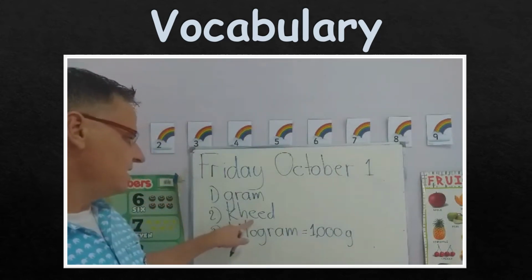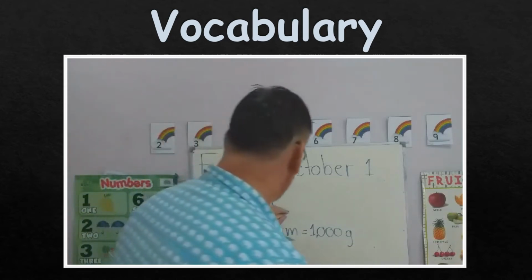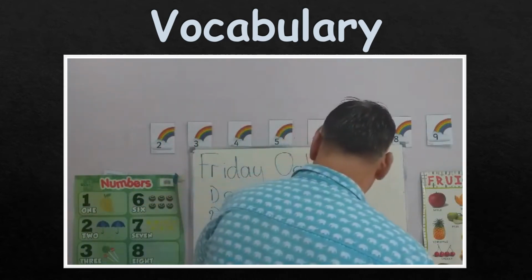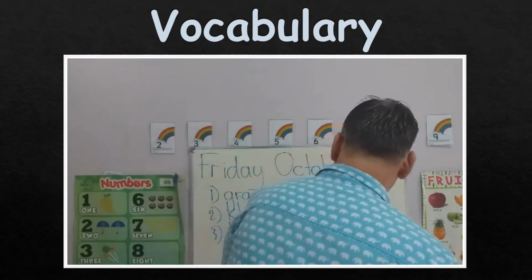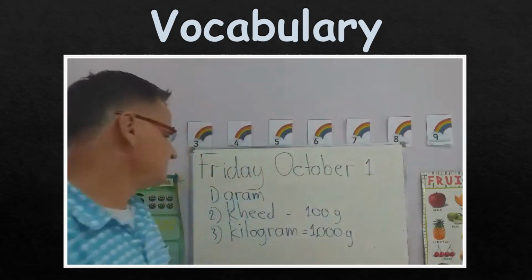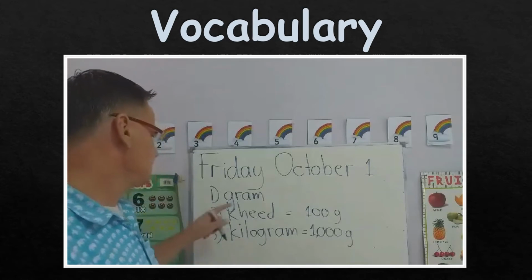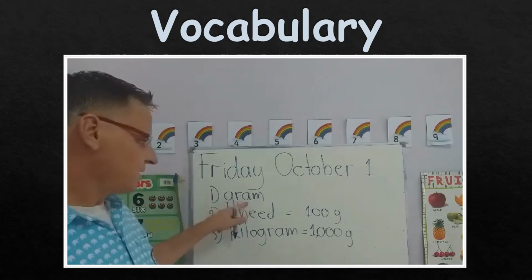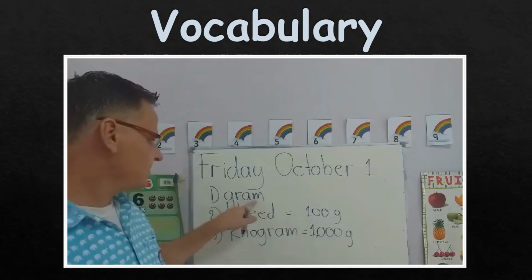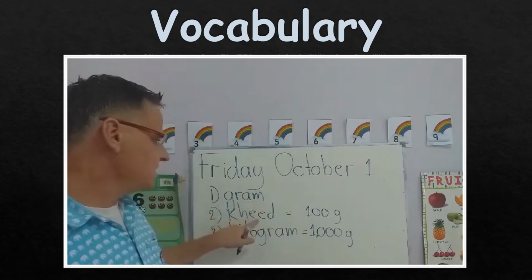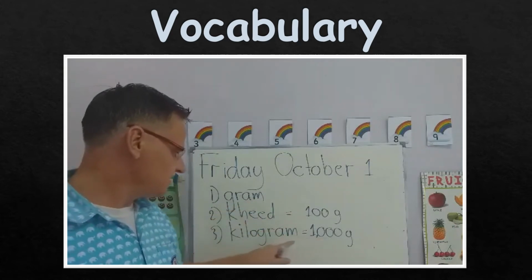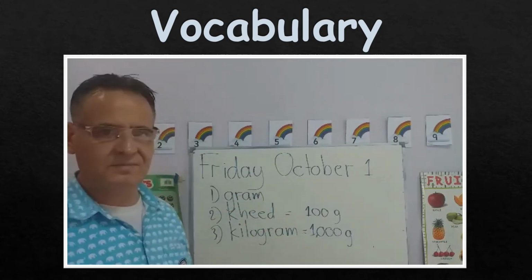How about a keed? A keed equals 100 grams. And then a gram, so 100 of these is the same as 1 keed. 1000 of these is the same as 1 kilogram.